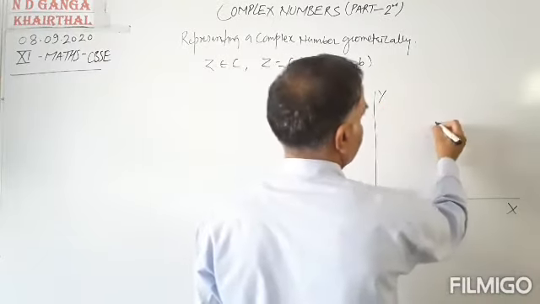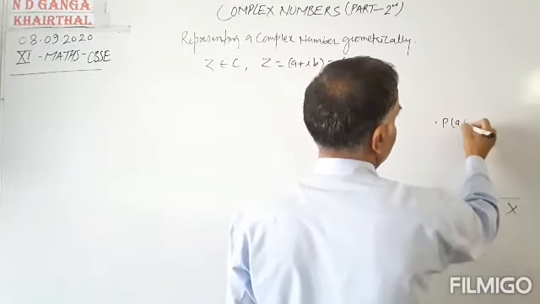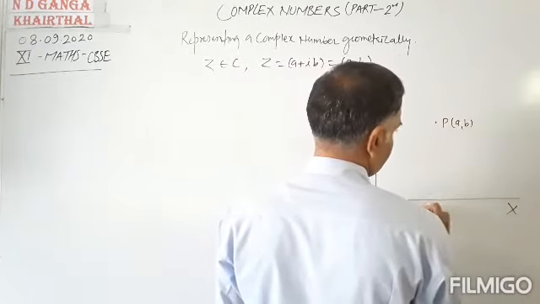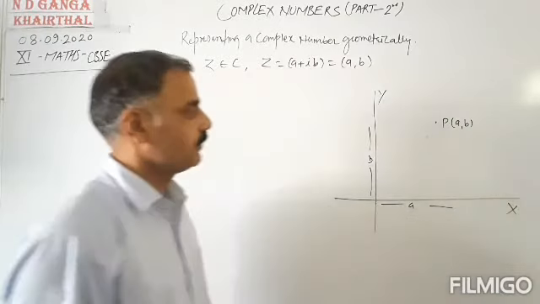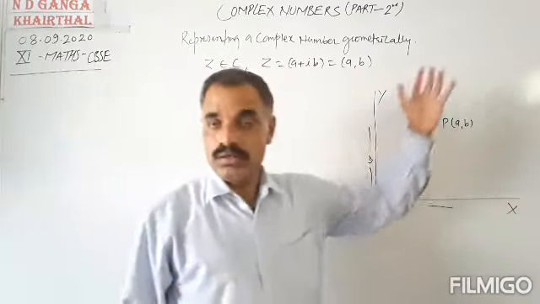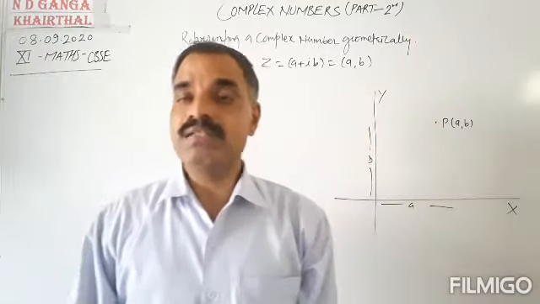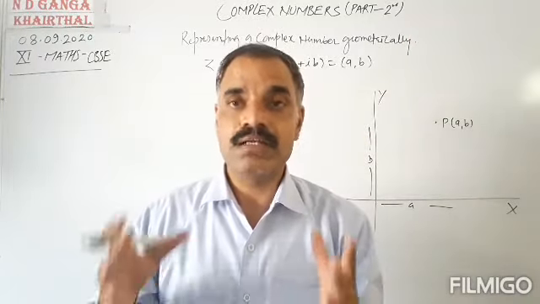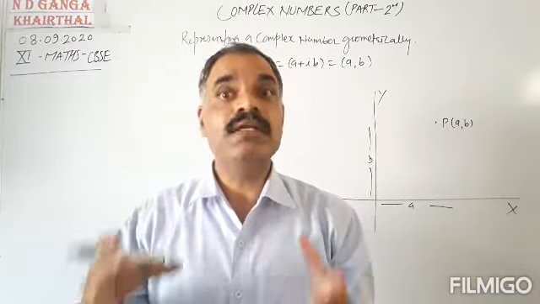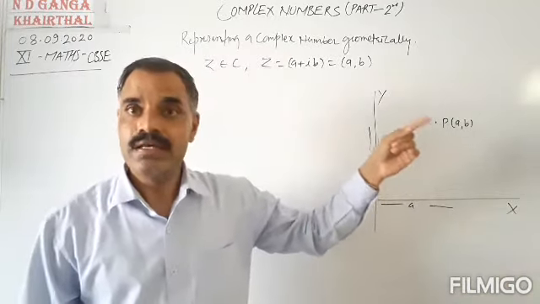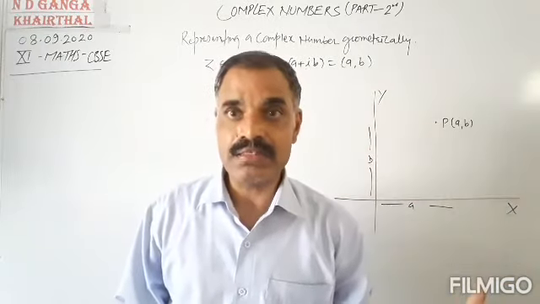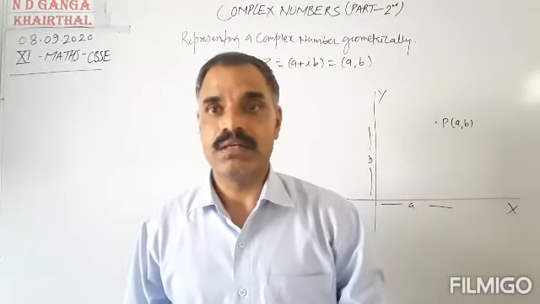This point will represent (a, b) if this distance is a and this distance is b. So the complex number can be geometrically represented by a point P(a, b), where a is the real part and b is the imaginary part.